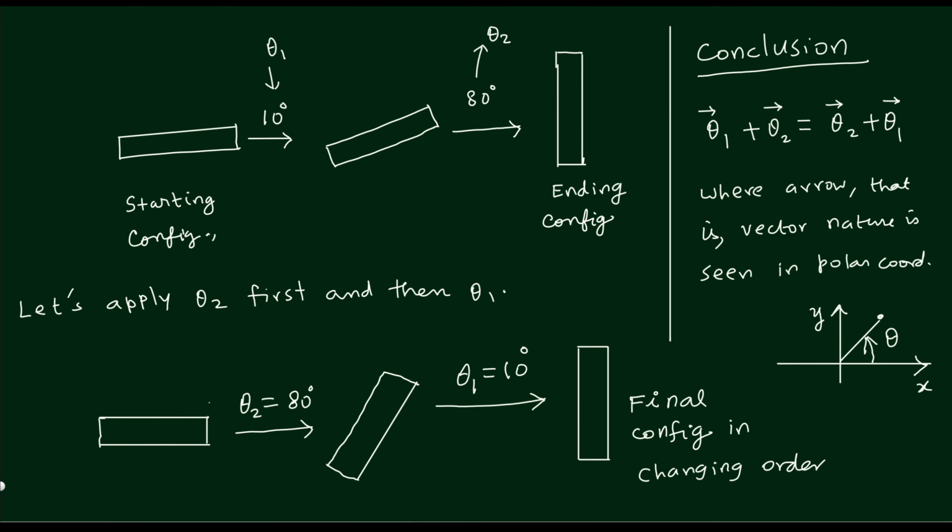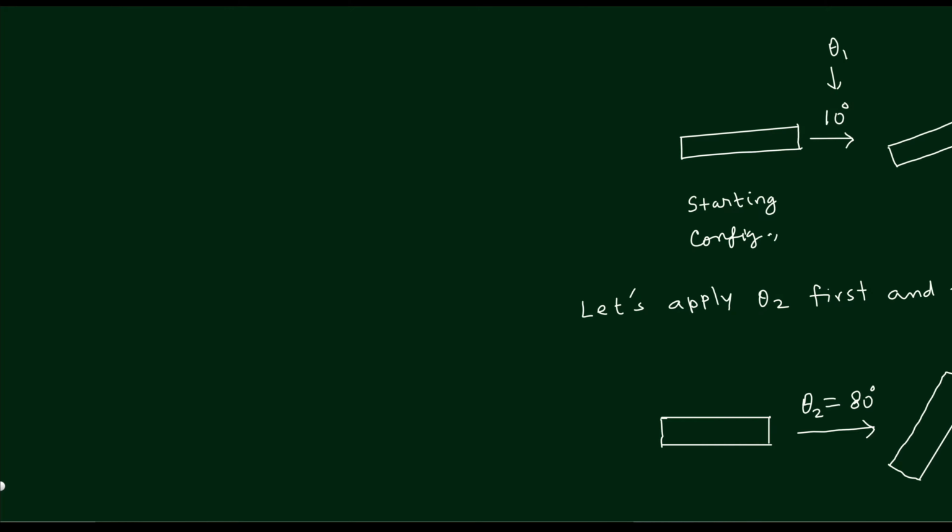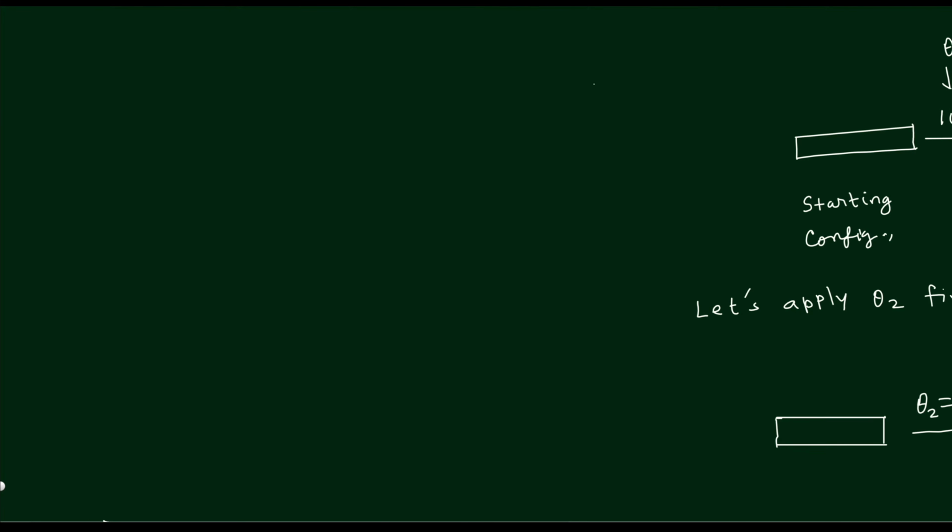Okay. So our conclusion, let me write down mathematically the same theta 2 plus theta 1 conclusion. I will write down in a general mathematical notation A and B. So let me come here and write down the conclusion, that is, A plus B equal to B plus A. Why am I writing A plus B?